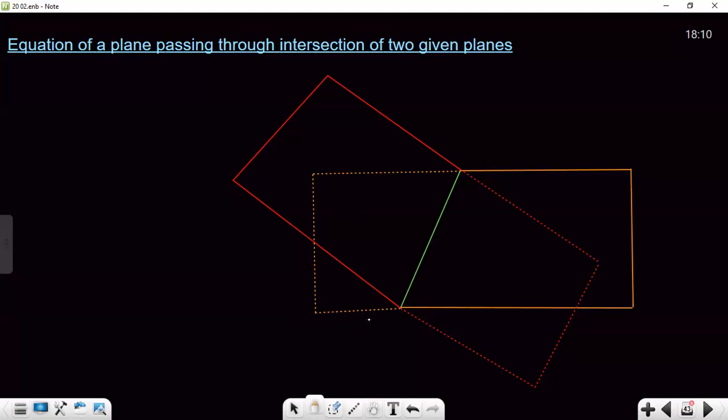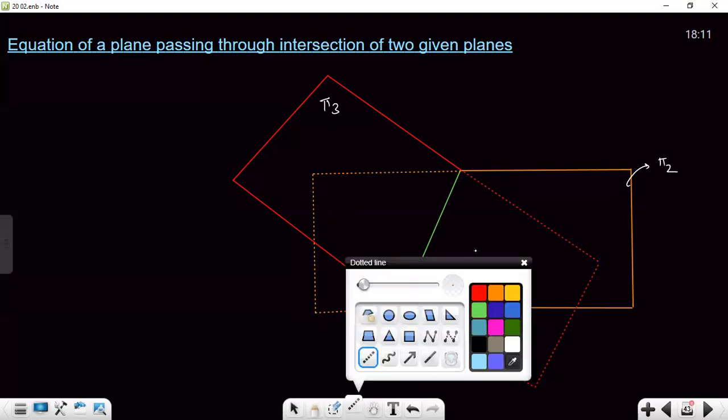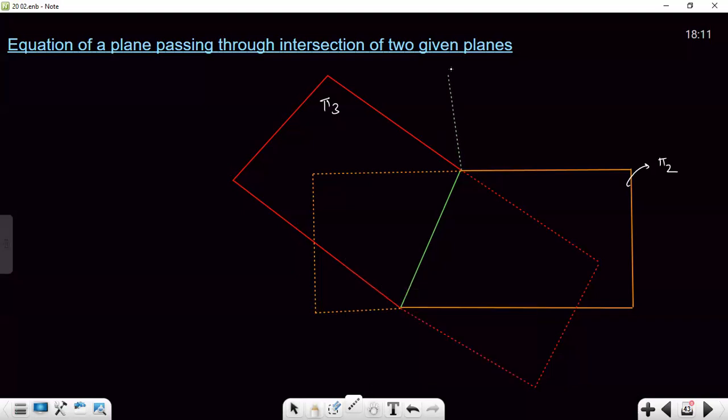Okay, so these are the two planes. Let me call this plane pi 3, this plane pi 2, and the plane that will be made by the intersection of both of the planes, or should I say the plane which will be passing through the intersection of both of the planes, will be somewhat green. Let me represent it by green.